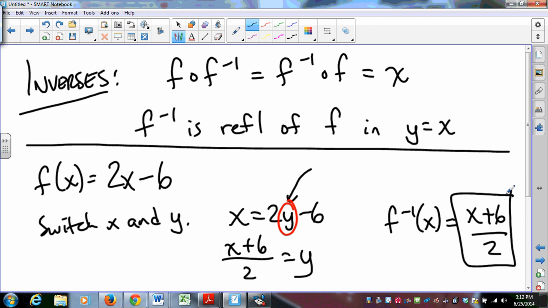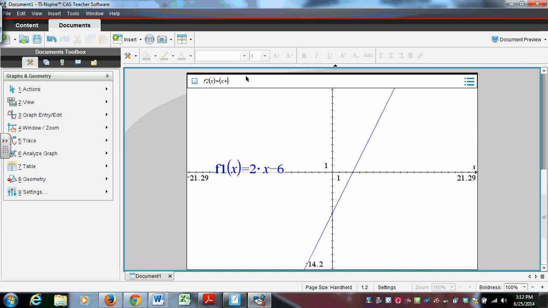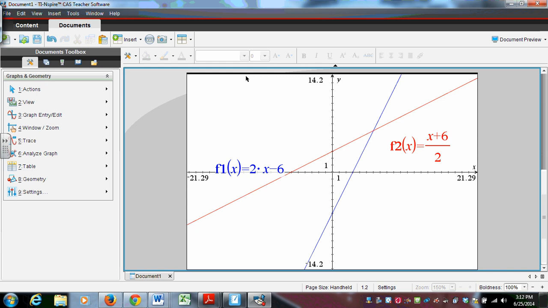And if you don't believe that they're inverse functions, you're free to take your graphing calculator and graph 2x minus 6 and graph x plus 6 over 2, and notice that they are, in fact, images over y equals x.